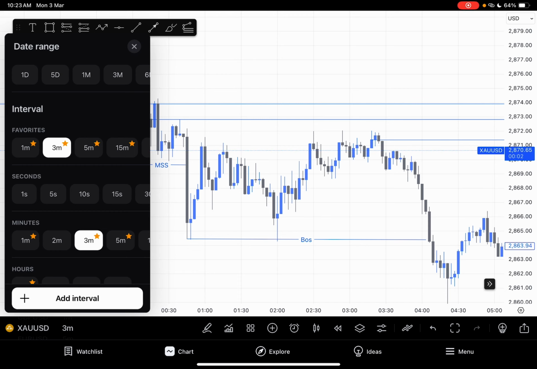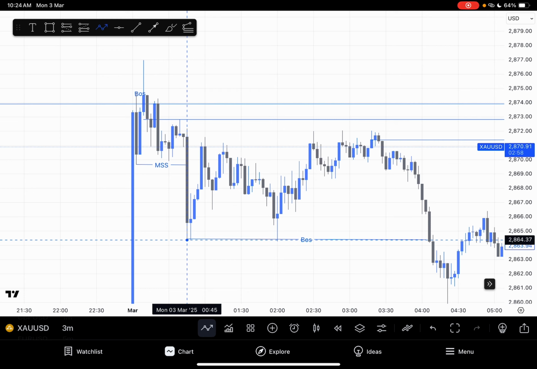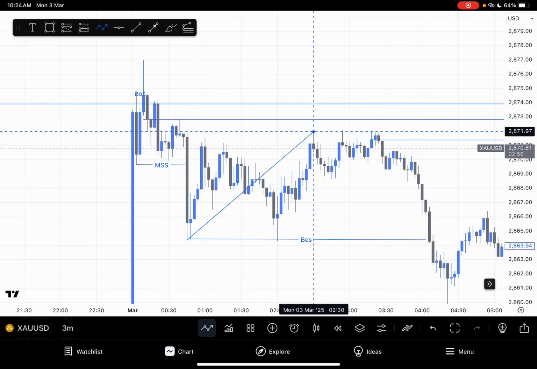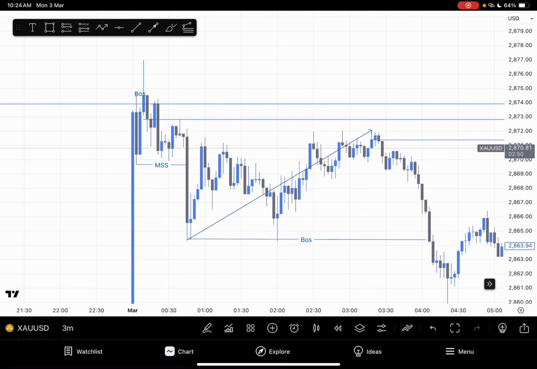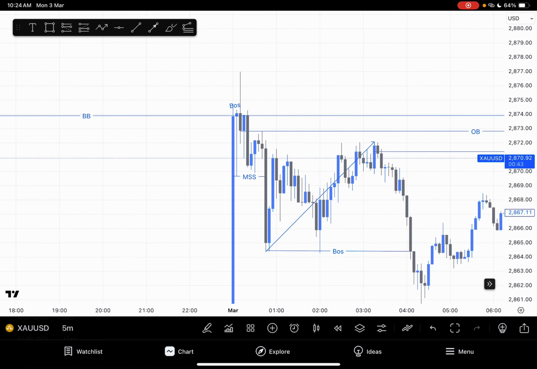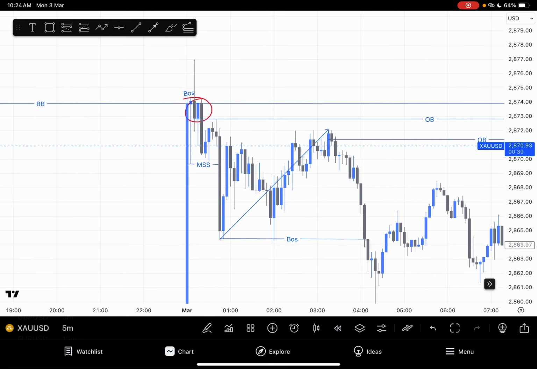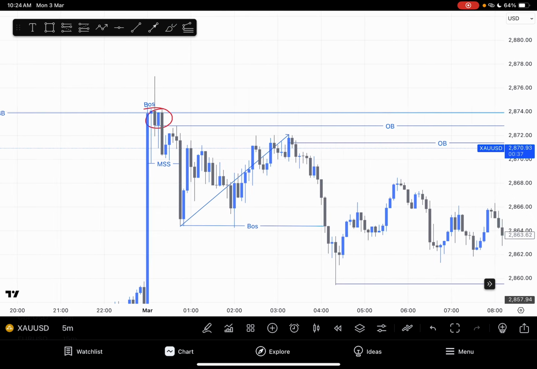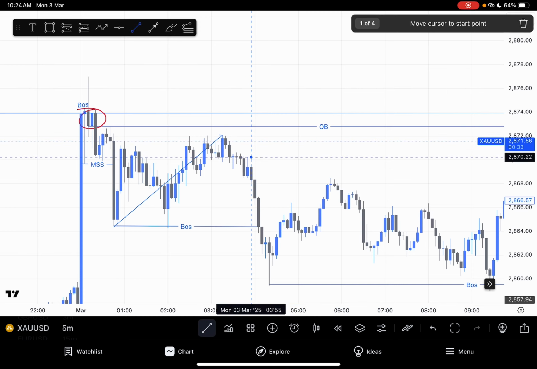So now you can see after the market structure shift, see the first pullback here. It didn't tap into the order block. When you go to the higher time frame, see, it didn't mitigate the order block there. So that's the inducement. You can call this your inducement.